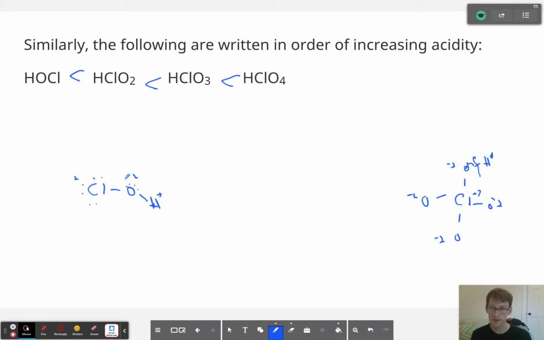In this case, it's just harder to do because, yeah, you can get the H plus to leave and the O to become negative, but it's already partially negative because the Cl isn't pulling as hard.